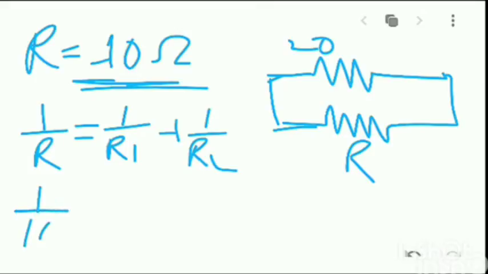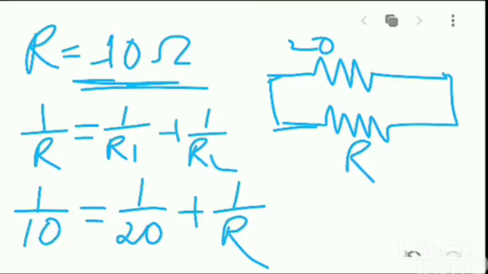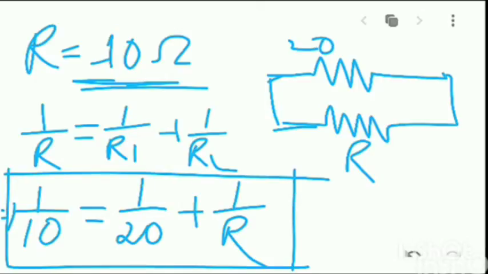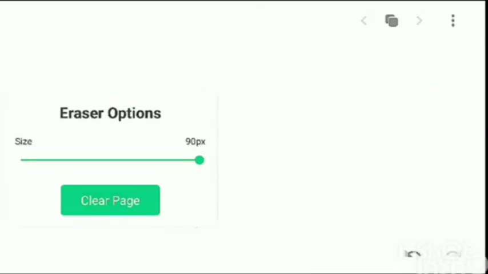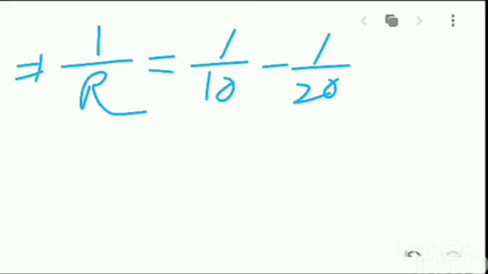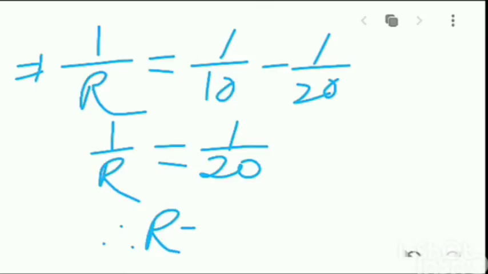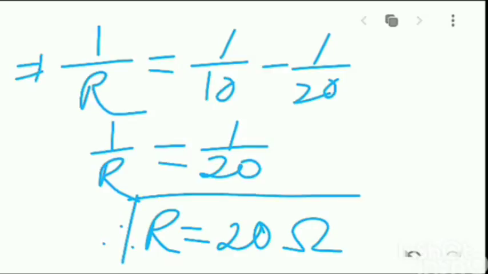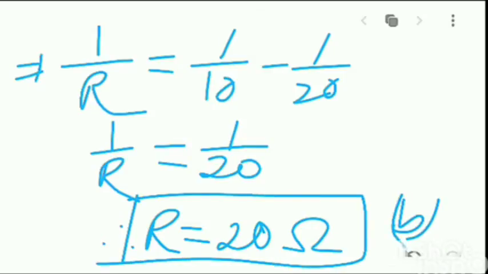Here the total is 10, R1's value is 20, and R2's value we have to find out. I can just bring the 1 by 20 to the left side. So 1 by R equals 1 by 10 minus 1 by 20, and the LCM will give you 1 by R equals 1 by 20. Hence, the unknown resistance R equals 20 ohms. This is the answer of part B.